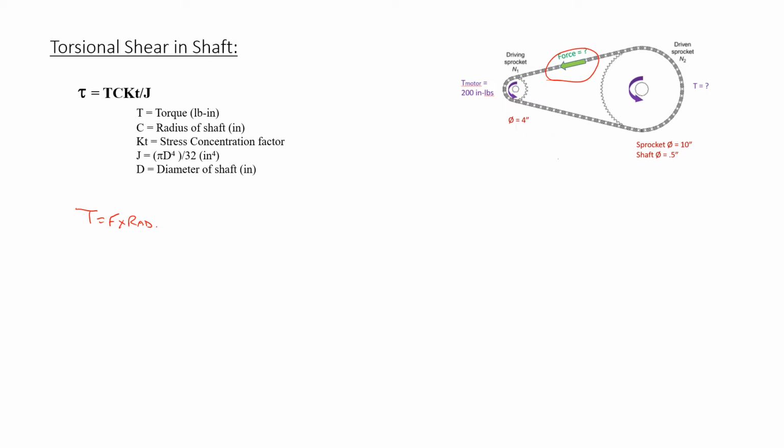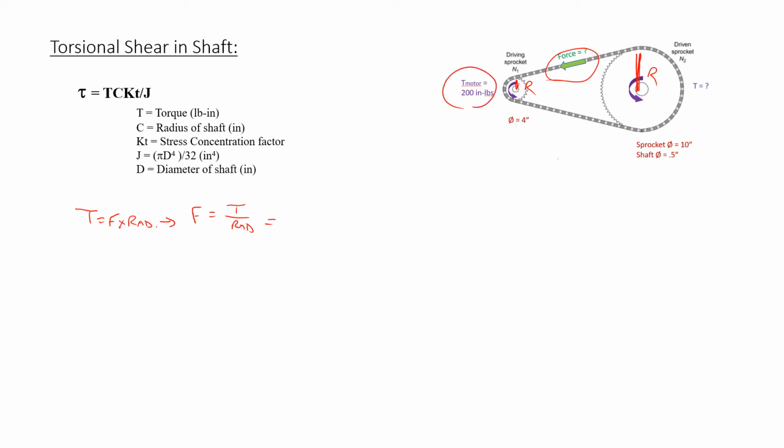So torque is going to be transmitted from there to there and from there to there. So you're always going to use those radius values. Likewise over here, use that radius. Since we already know the torque, what we want to do is solve for the force. So force is going to be equal to the torque divided by radius.